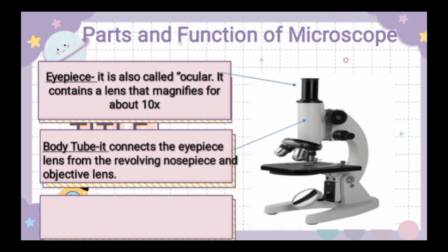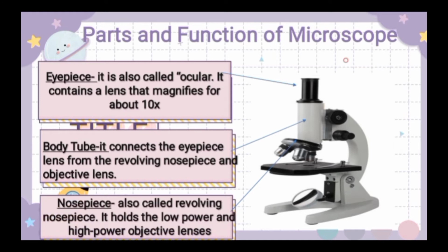It is the body tube. It connects the eyepiece lens from the revolving nosepiece and the objective lens. How about this part of the microscope? Very good! It is the nosepiece, also called the revolving nosepiece. It holds the low power and high power objective lenses.